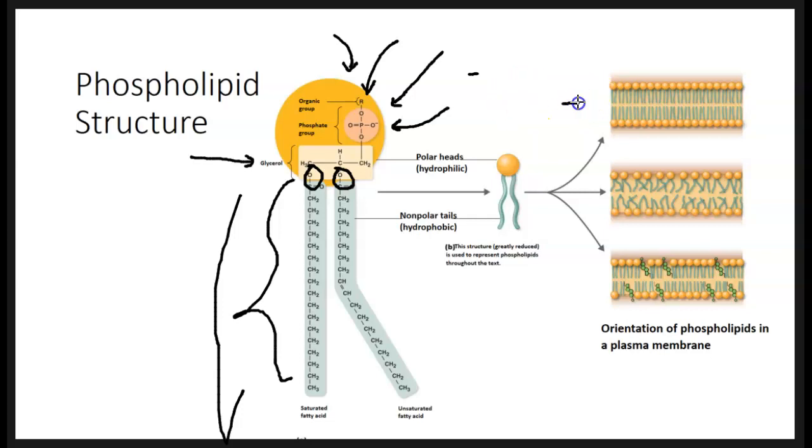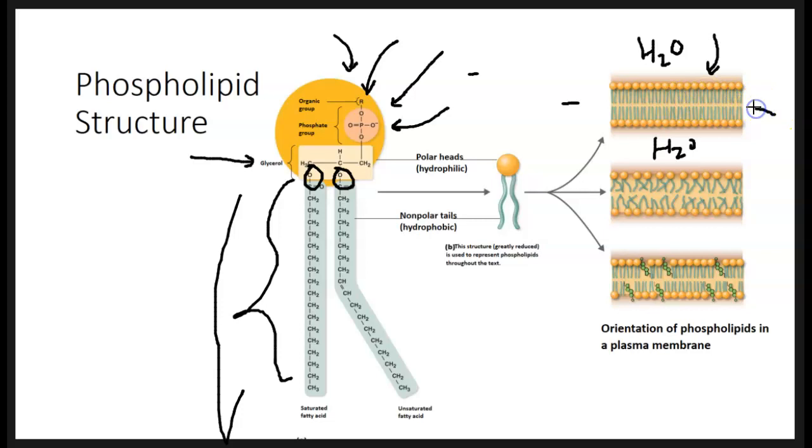So the inside and outside of the cell, the area that cells work in, is generally composed of a lot of water. So we have water on the inside of the cell, water on the outside of the cell. The hydrophilic phosphate end of this molecule interacts very well with water.